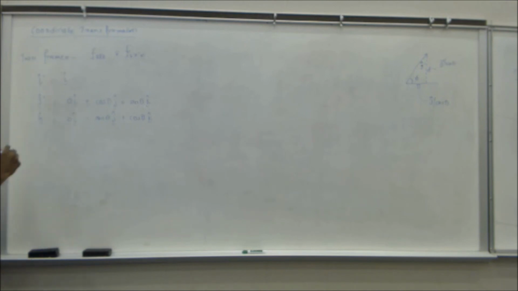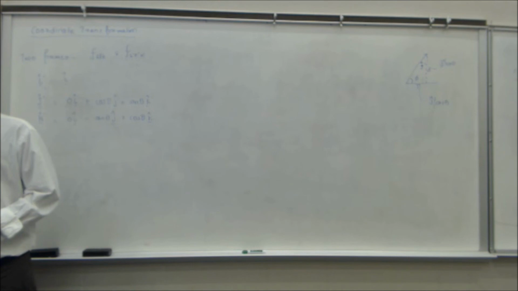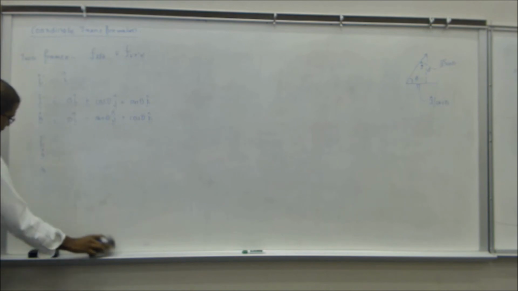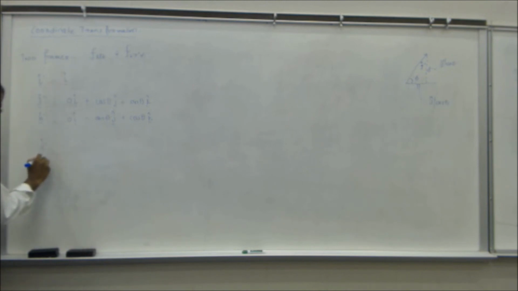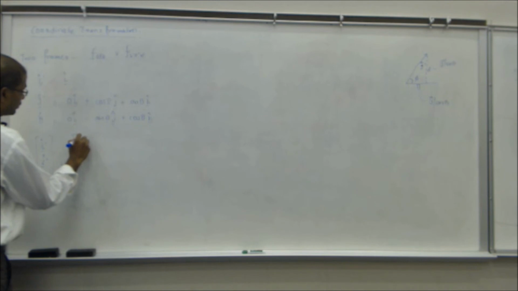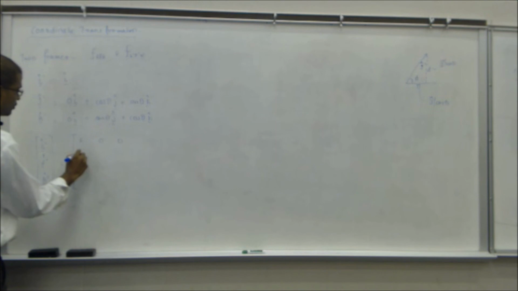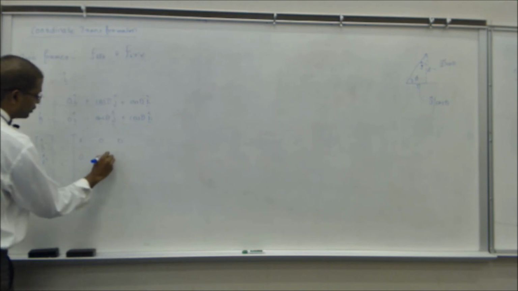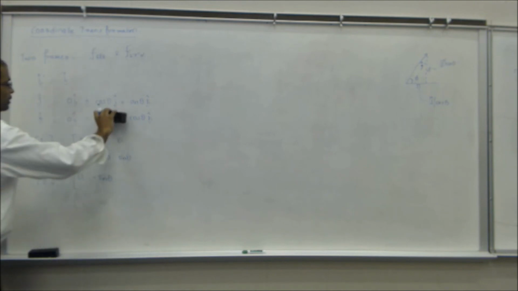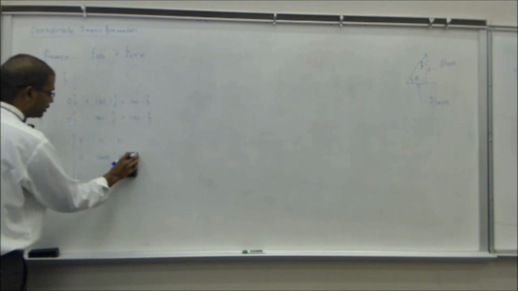Now, if I capture this in the form of a matrix, i, j, k, i prime, j prime, k prime, you have 1, 0, 0, 0, cosine theta, sine theta, 0, minus sine theta, sorry, sine phi, it's not theta, because we have rotated by an angle phi.